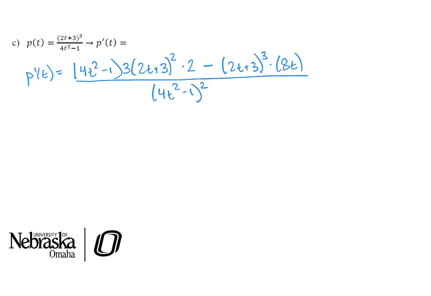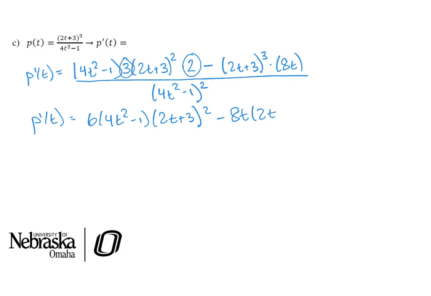Okay, so now let's see if we can simplify or combine any like terms. We have a 3 and a 2 here we can multiply out front. And our second term, we could just write the 8t out front, divided by (4t squared minus 1) quantity squared.